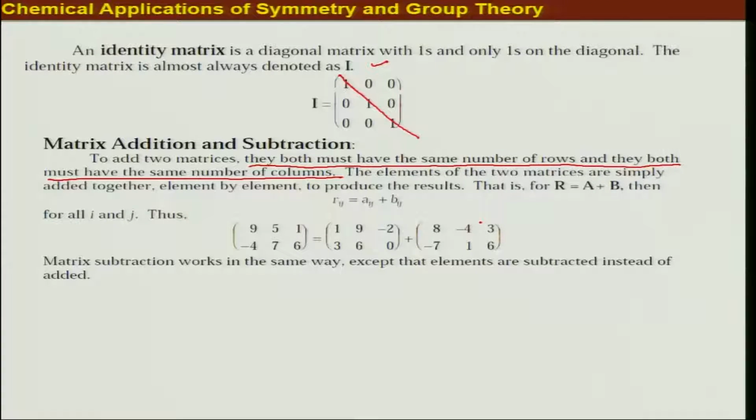But if I would have a matrix something like 1, 2, 3, 4, 5, 6, 7, 8, 9, I could not add this to that matrix, because the first row, second row would be fine, but the third row will not work. So I cannot do this element by element addition. So that is the condition for this addition or subtraction, and how you do it I told you, and this is specifically mentioned here. Okay, and this is true for both subtraction as well as addition.